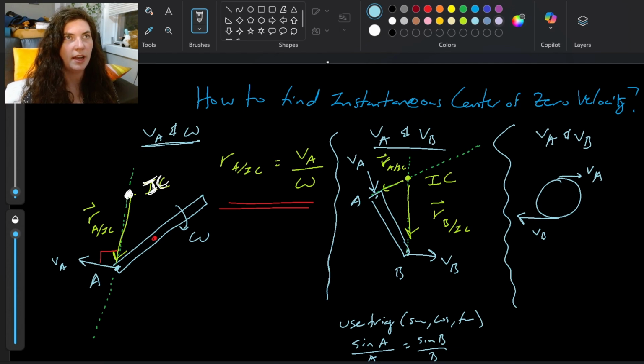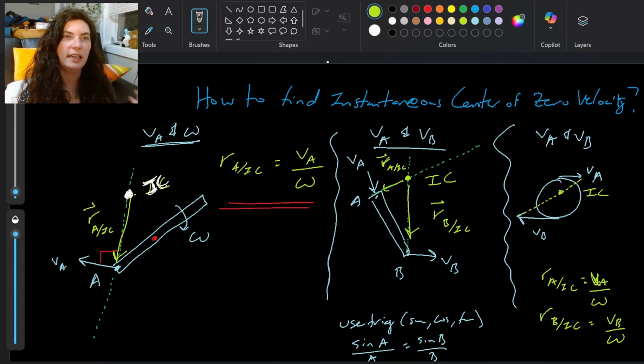The way that you find that instantaneous center of zero velocity is that you create a ratio of triangles between VB and VA to find this IC location. And the way that you can relate these is again with RA with respect to IC is VA over omega, and RB with respect to IC is VB over omega.